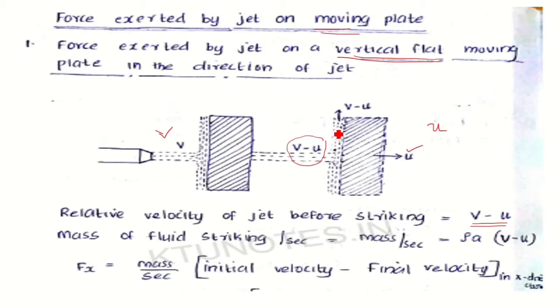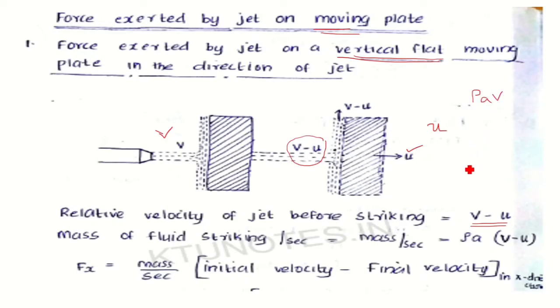After striking the plate, the water will move in the upward or downward direction, that is, it is moving in the y direction only. So there will be no relative velocity component in the x direction after striking the plate. Earlier, when the plate is stationary, the mass of fluid striking per second was rho a v.